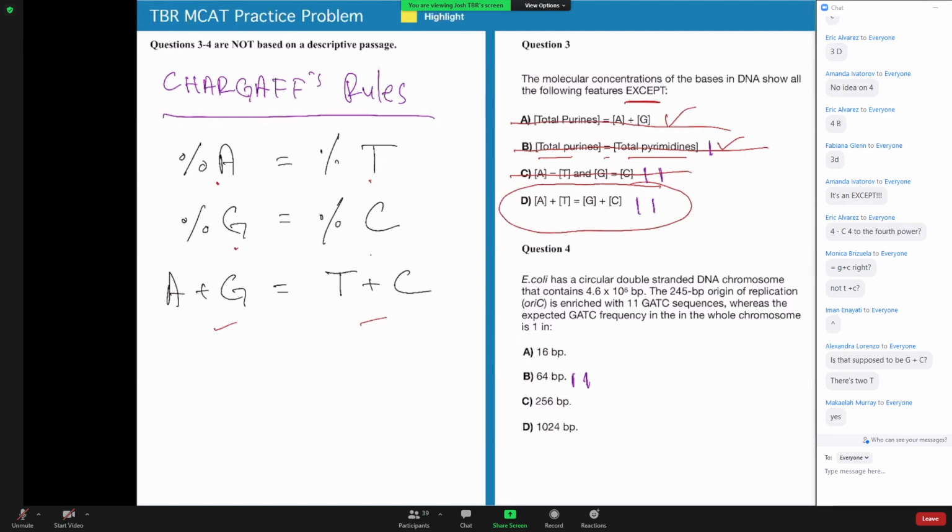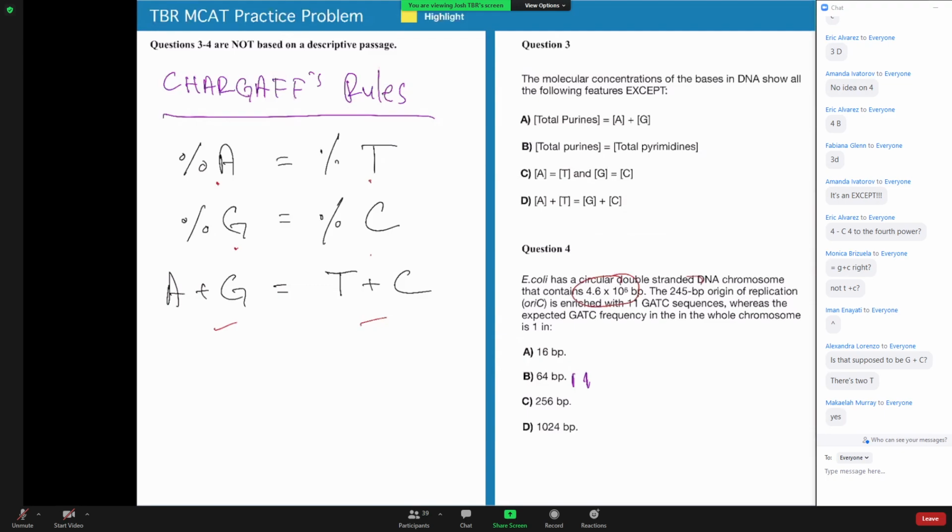Let's talk about question 4. This is another good question, because in classic MCAT style, it's giving you a bunch of extra information that you absolutely don't need to know about. It's talking about E. coli, and E. coli's fancy circular double-stranded DNA chromosome, which contains all these base pairs.